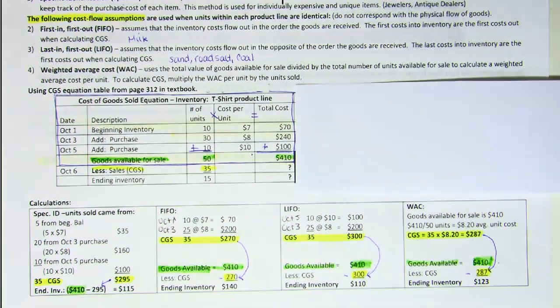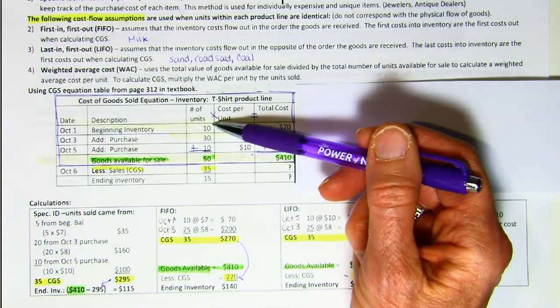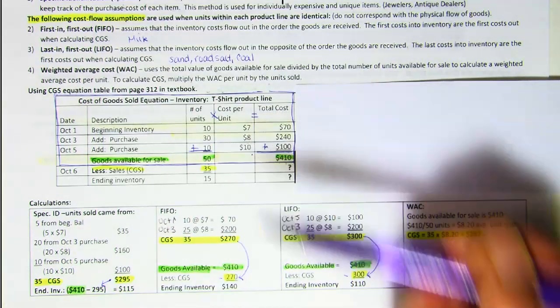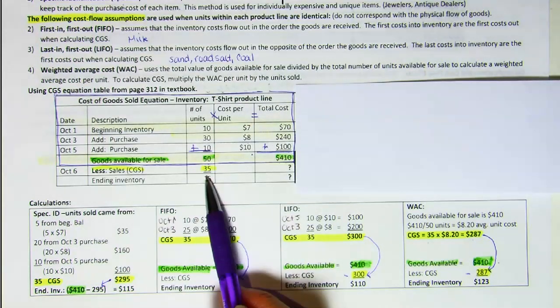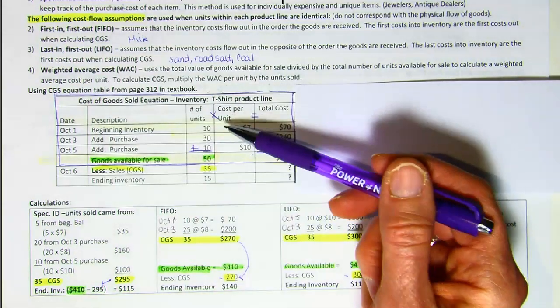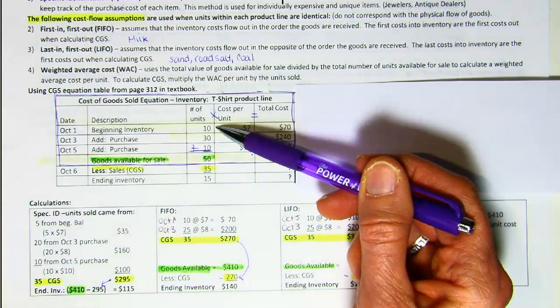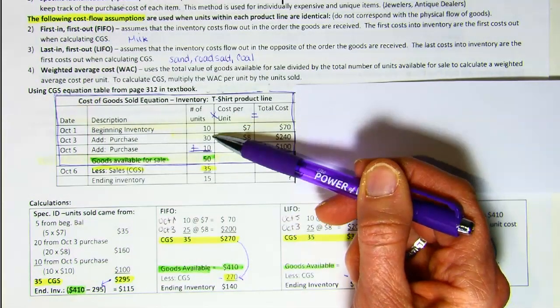With the FIFO method, what we're saying is what you had purchased first will be sold first. So we're going to sell from the top down. If we sold 35 units, we're going to sell the beginning inventory and then another 25 of these.